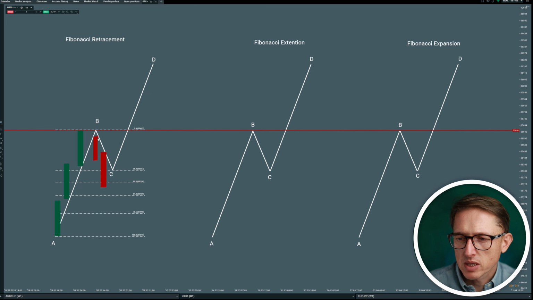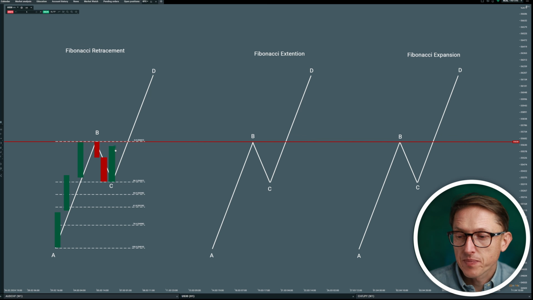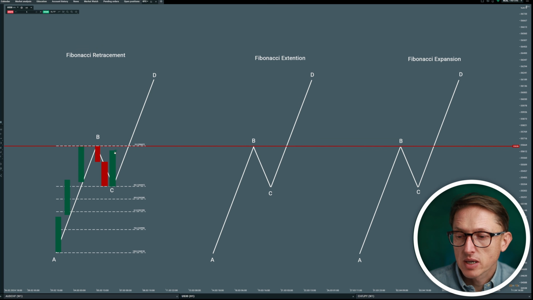We have red candles here. We can make them a little bit smaller, and the market arrived at our level. And now you see that the market is creating a certain formation. Let's give a little bit more candles here.